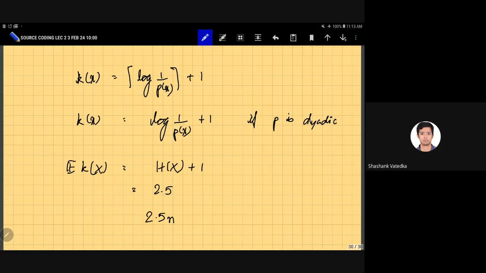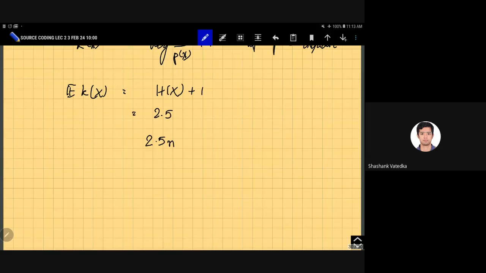The Shannon encoding achieves, for each symbol, an expected length less than or equal to H of X plus 1 bits, which is 2.3 plus 1, 3.3, which is less than or equal to 3.5, right? So if you do symbol-wise encoding, the expected length is always less than or equal to n times 3.5 bits.